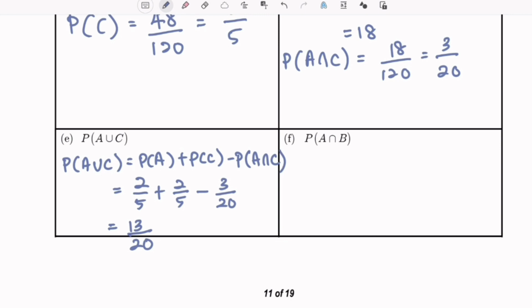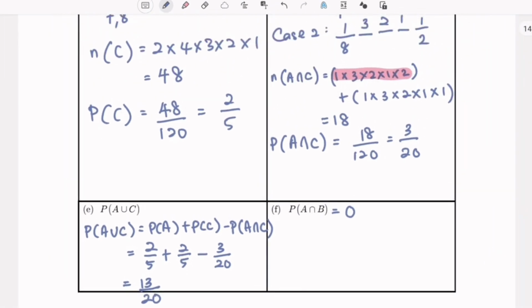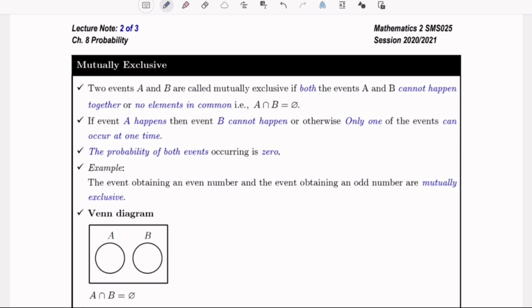Right, so for P(A intersect B), this will be equal to 0, because it is impossible for a number to be odd and even at the same time. Page 12, some notes on mutual exclusivity. Two events A and B are called mutually exclusive if both the events A and B cannot happen together, or they have no elements in common.